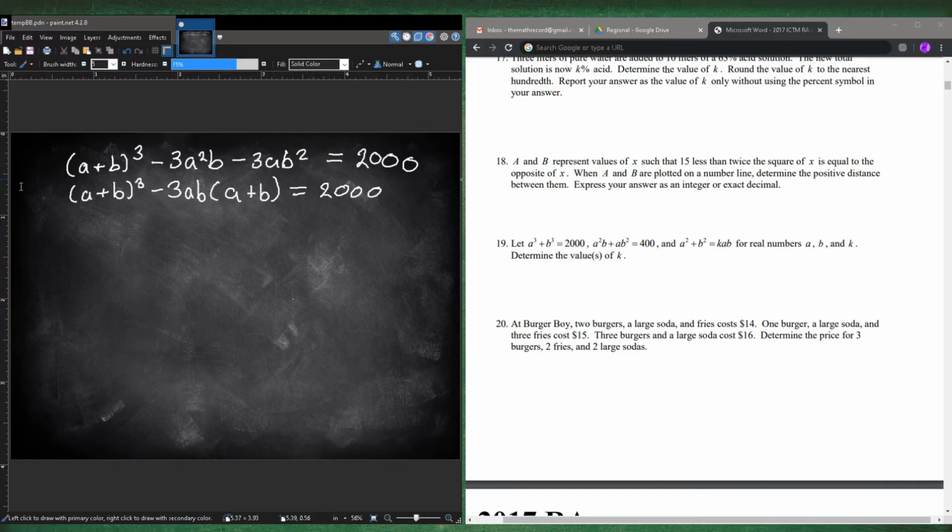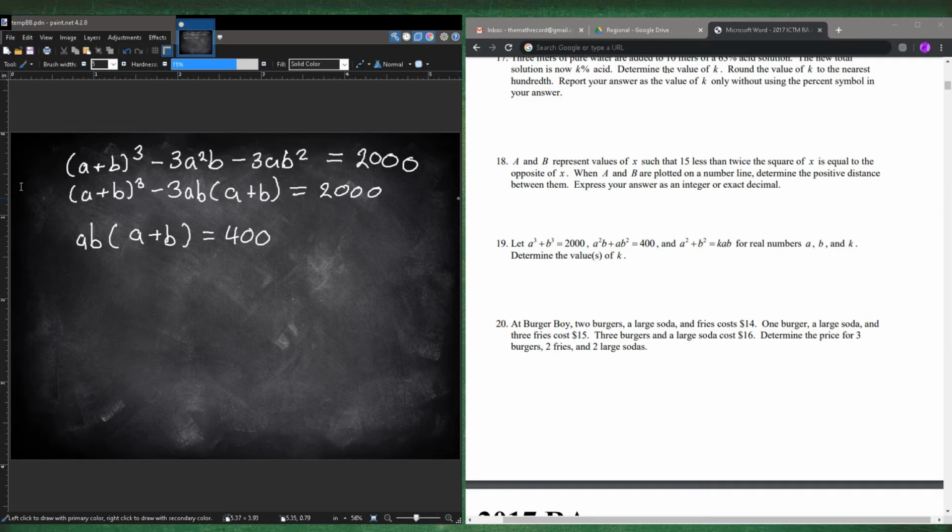So now we're going to do the same thing with this term over here. We could divide a squared b plus ab squared by ab. So this would also be ab times (a plus b) equal to 400, right?